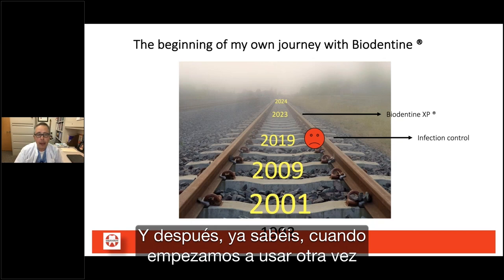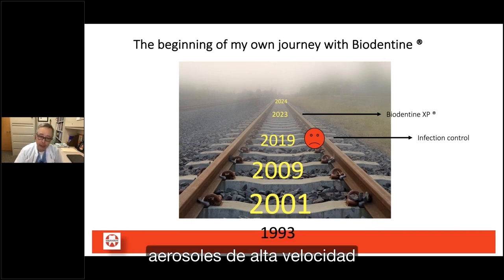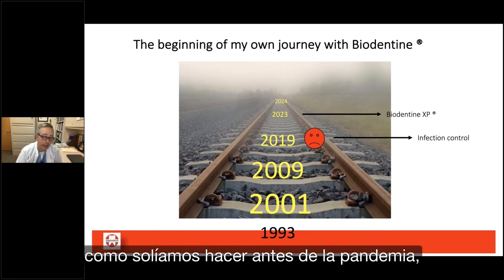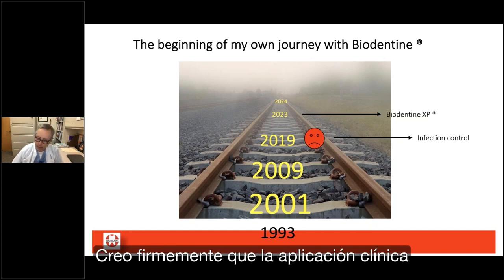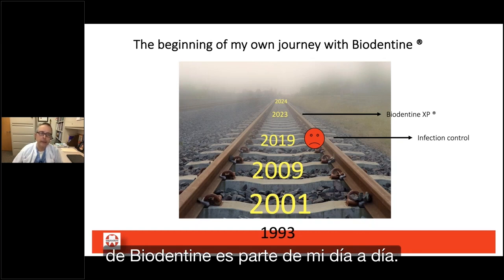After we started to use high speed again and create aerosols again, like we used to before the pandemic, I cannot really work without Biodentine. I strongly believe that the clinical application of Biodentine is part of my daily life.